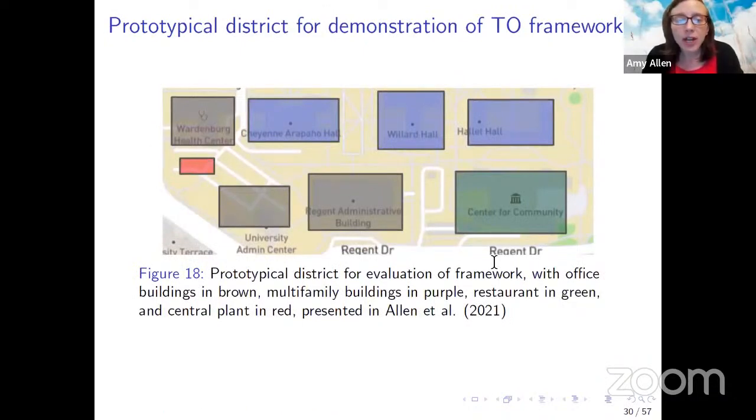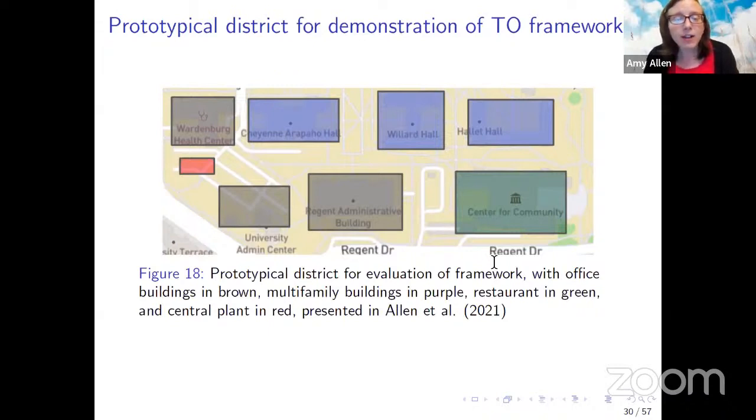I sought to demonstrate the performance of the topology optimization framework as a whole in the context of a larger 7-building prototypical district, with these building types selected to correspond roughly to existing buildings at a location on the CU Boulder campus. And with the validation that these buildings' load profiles were such that conventional screening for district thermal energy system viability would deem them to be a valid application.